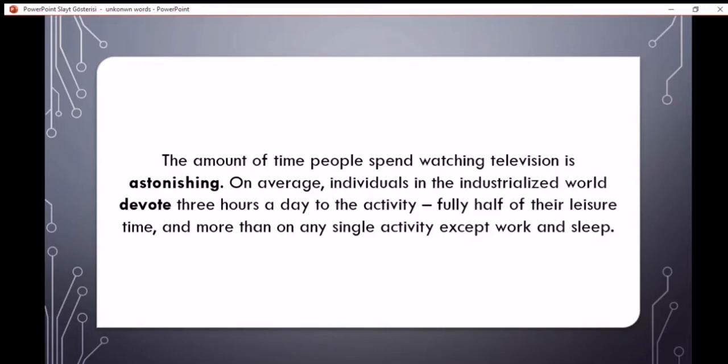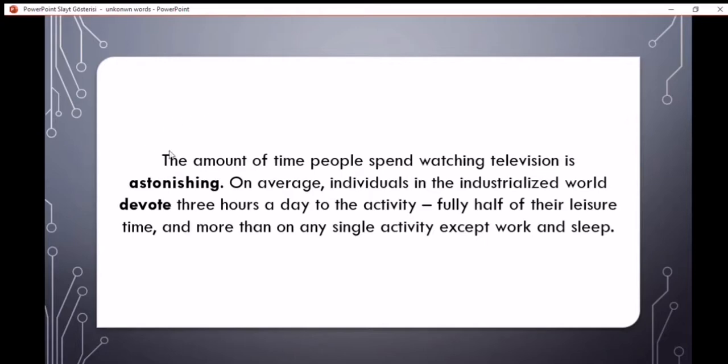Which individuals? Individuals in the industrialized world. But why are we talking about this? Because the first sentence says, the amount of time people spend watching TV is astonishing. So when we say on average individuals, we're talking about the same thing, people. So on average individuals, people, in the industrialized world devote 3 hours a day.